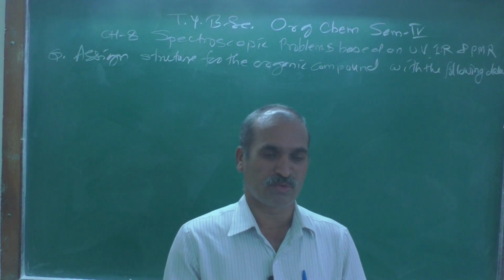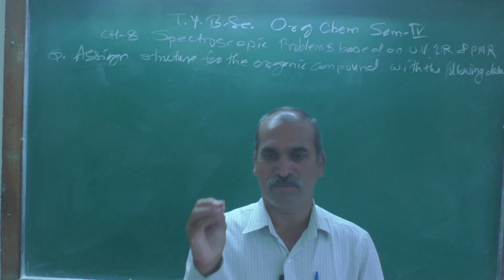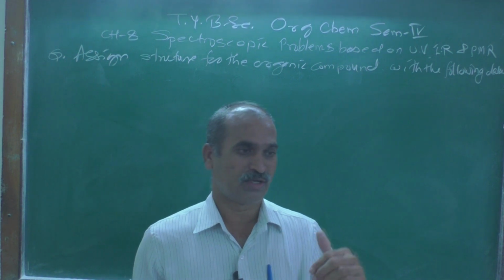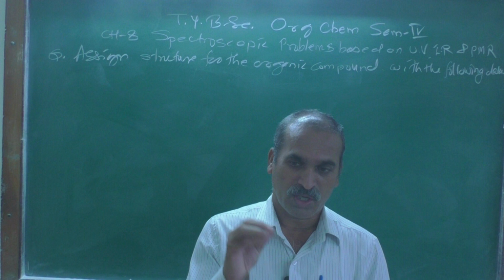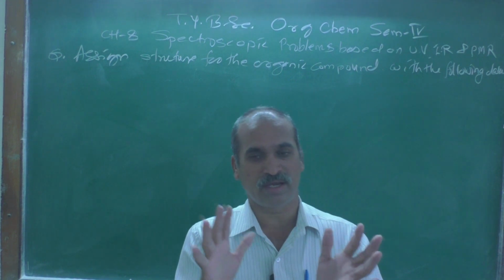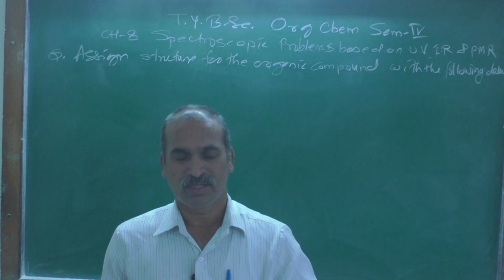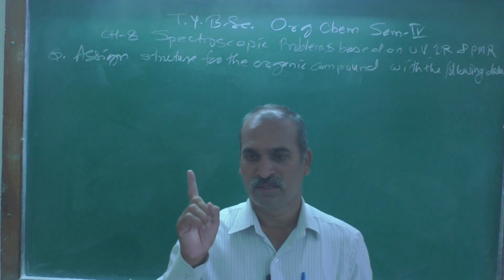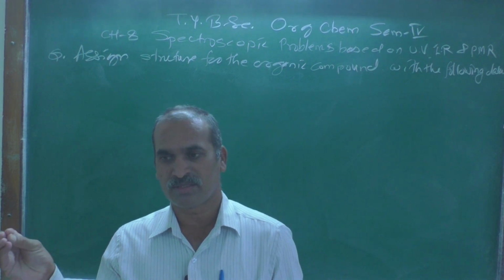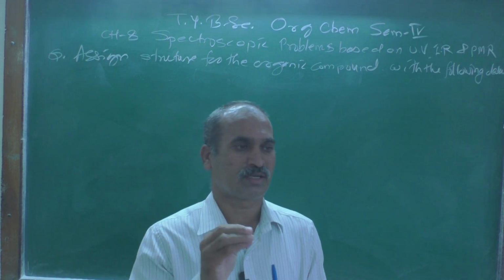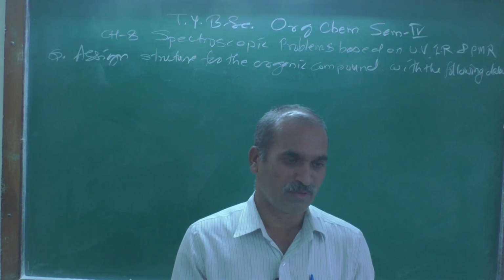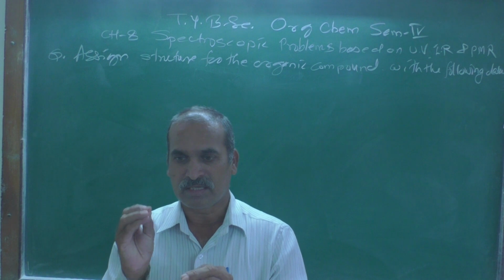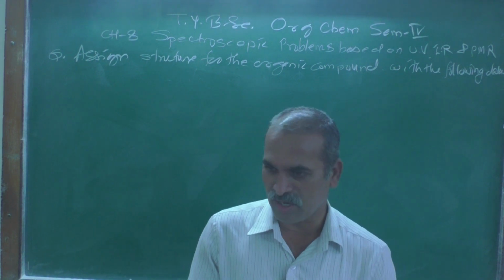And PMR spectroscopy, proton magnetic resonance spectroscopy, is very important, because it gives all kinds of information regarding the proton. Each and every organic compound along with carbon atoms always has hydrogen atoms, and therefore by knowing the environment around the proton, we can easily deduce the structure of the organic compound.